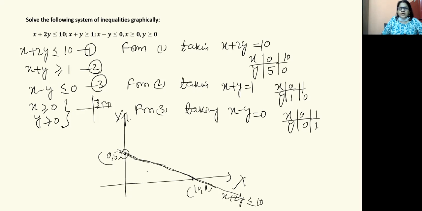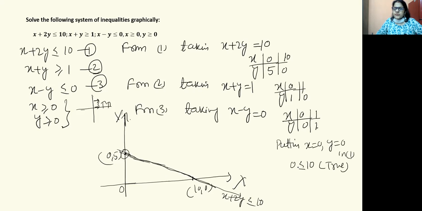Then you have to check whether the solution is towards the origin or away from it. The line is not passing through the origin, so we can put (0, 0) in equation 1. We get 0 plus 0, 0 less than or equal to 10, which is true. So the solution will be towards the origin.